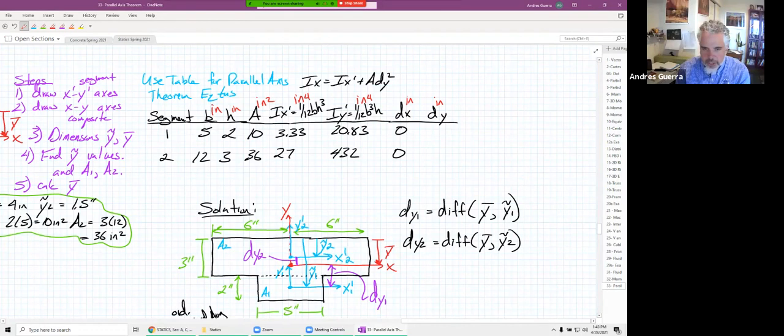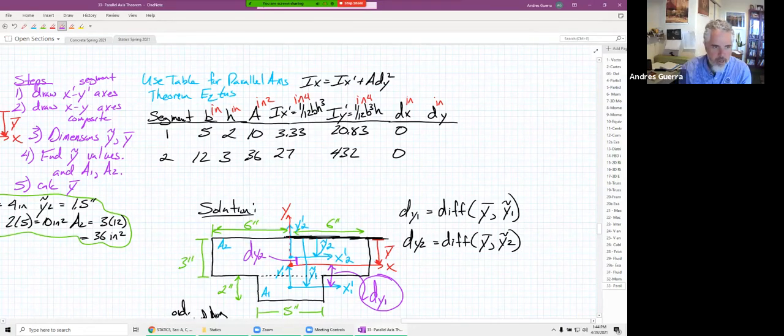Because if you look at the picture here, we know y bar and y tilde are all measured from the top of the rectangle, right? They're all measured from up here. And so if we wanted to find this dy1 that's down here in purple, couldn't we just take y tilde 1, that whole distance, and the difference between that and y bar?